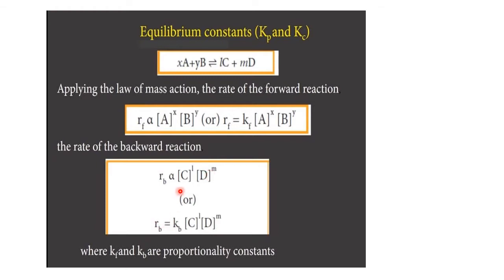Replacing the proportionality with a constant Kb, Rb equals Kb into [C] power l into [D] power m. Here Kf and Kb are the proportionality constants.